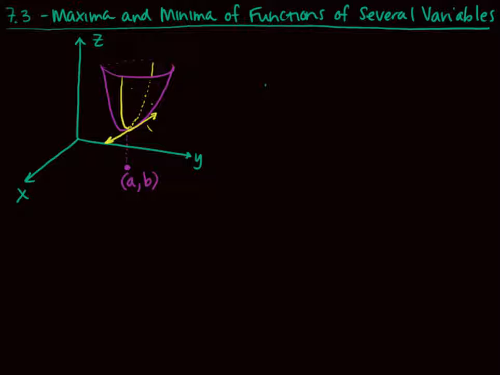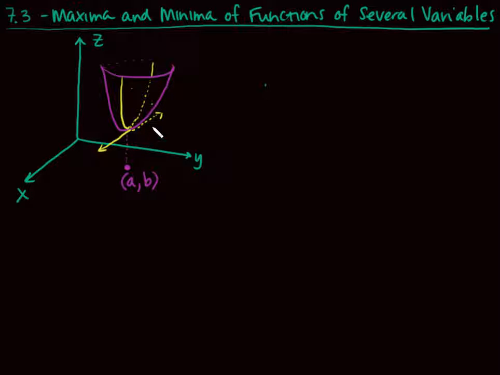I hope you can visualize that. Also look in your book, they do a really nice job of that. So this tangent line is coming out here and then going behind the screen.